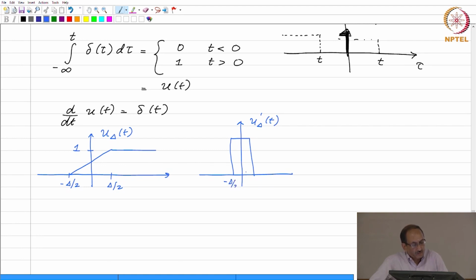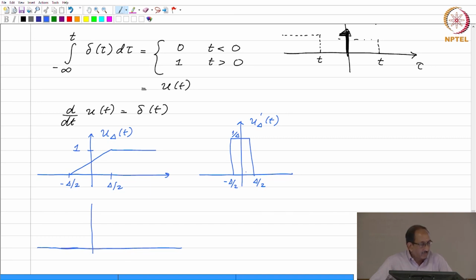So this is between minus delta by 2 to plus delta by 2, and this of course is 1 over delta, and then we take the limit as cap delta tends to 0. In the limit as cap delta tends to 0, this sloping part becomes more and more vertical.